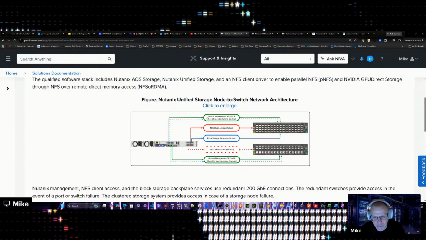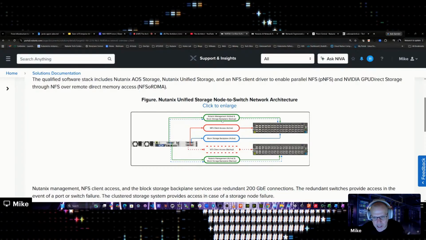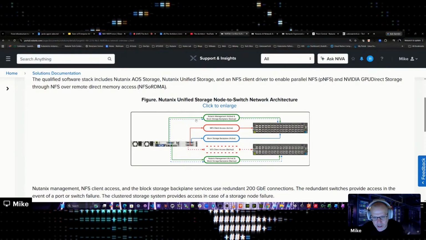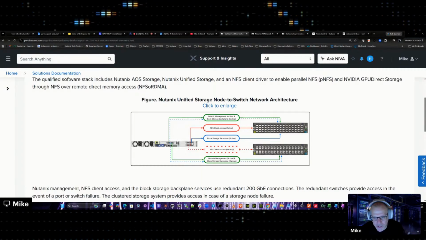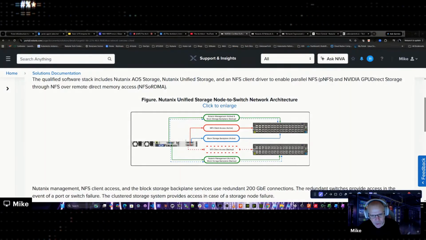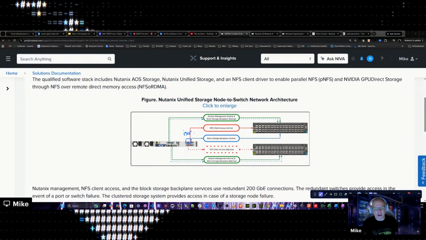And then you'll have the management ports, and block storage backplane backup. So that's green and blue. So you can see here that we're doing this. Now, one thing it doesn't call out because there's no uplink is this NIC port right here. This is iSER, so that's delivering iSCSI over RDMA for the offload.